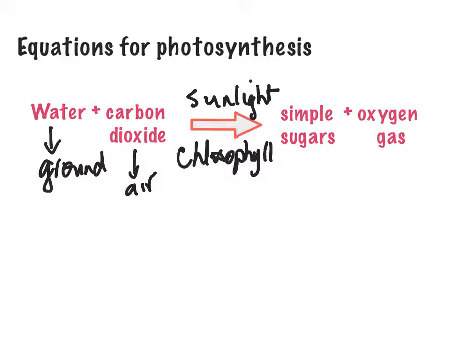Now the amazing part is that sometimes we don't think about it, but the amazing part is that if we change the reaction and made it go backwards, made it go that way, we would have a process called respiration. And in that case, we go from big materials like simple sugars.